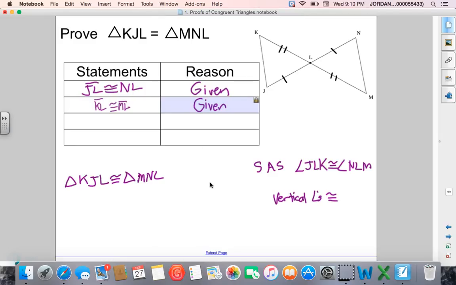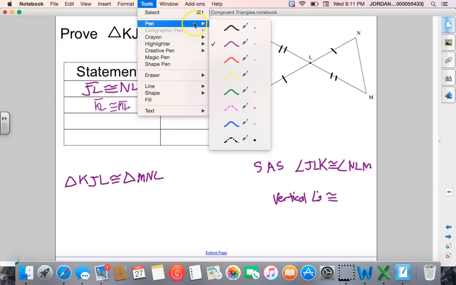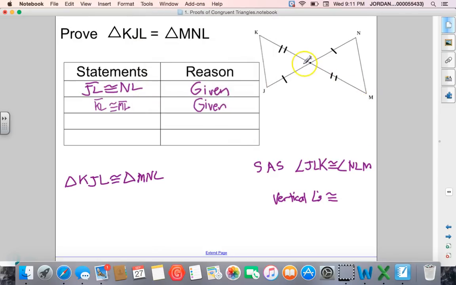What else do we know? Well, just by looking at the picture and using things we've learned in the past, we know that this angle is congruent to this angle because they're vertical angles.